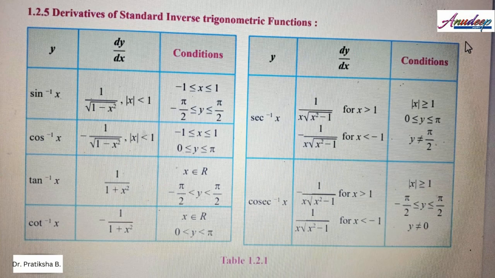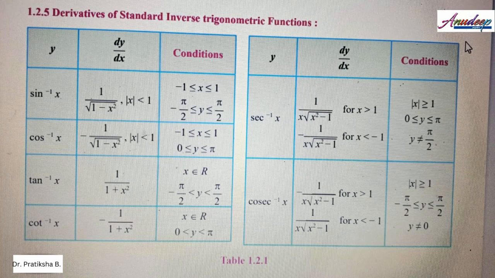There are formulas for the derivatives of standard inverse trigonometric functions. We know trigonometric functions are sin x, cos x; the inverses of them will be sin inverse of x, cos inverse of x. When you are defining the derivative for these inverse functions, there is a range of values that x takes for which this derivative exists.